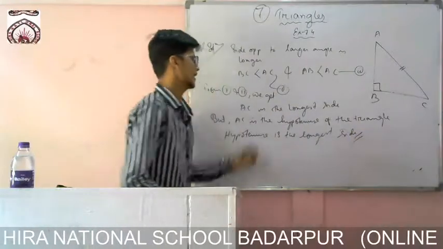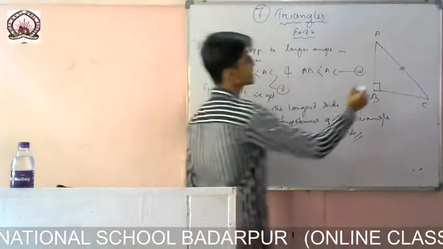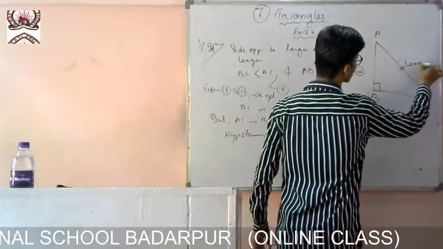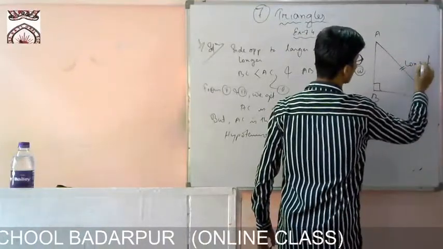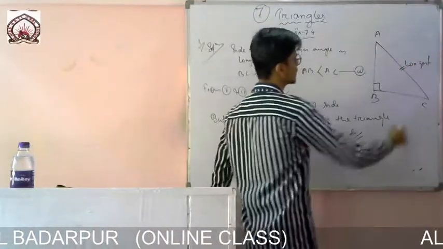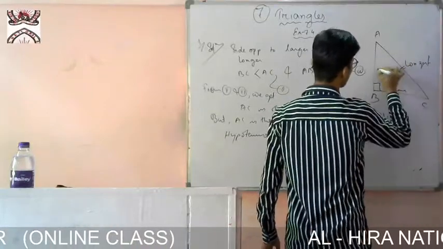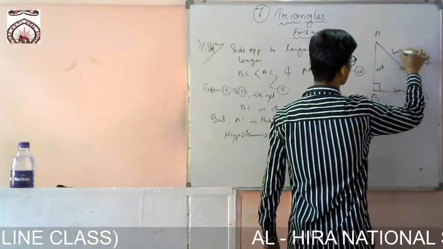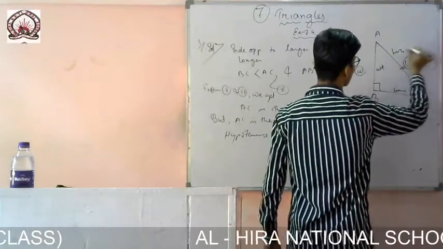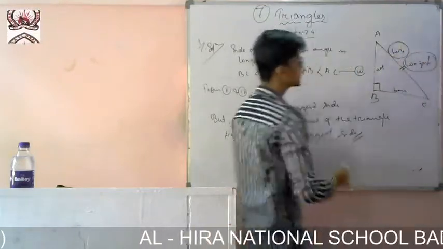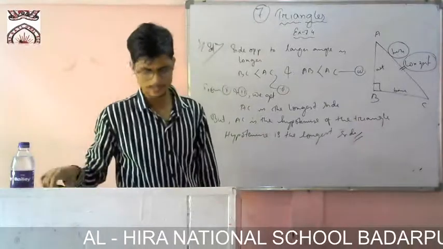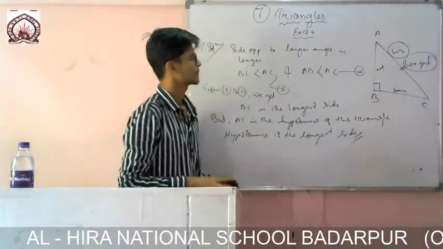First of all we have proved that AC is the longest side. If AC is the longest side, then AC is the hypotenuse. This is the base, this is the altitude, and this is the hypotenuse. So if AC is the longest side, that means the hypotenuse is the longest side. Okay.